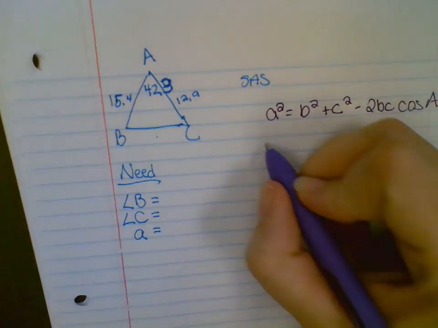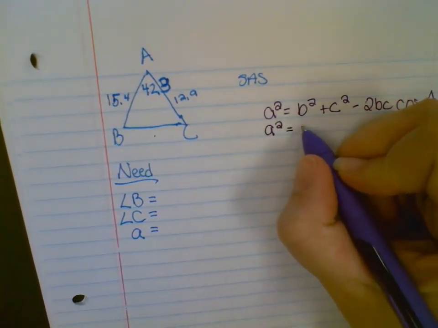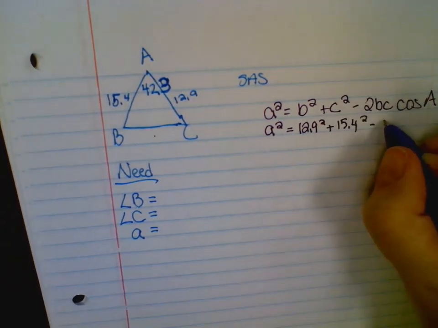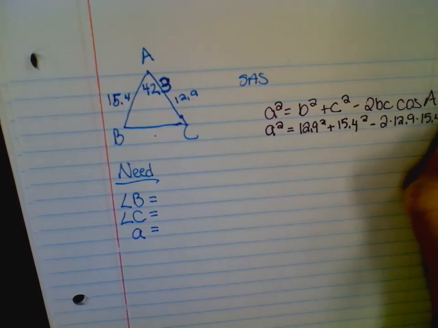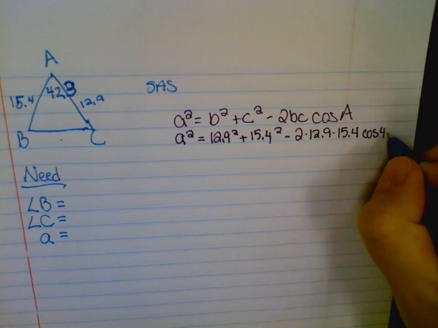Okay, so let's plug in what we know. So a squared equals 12.9 squared plus 15.4 squared minus 2 times 12.9 times 15.4 times the cosine of 42.3.